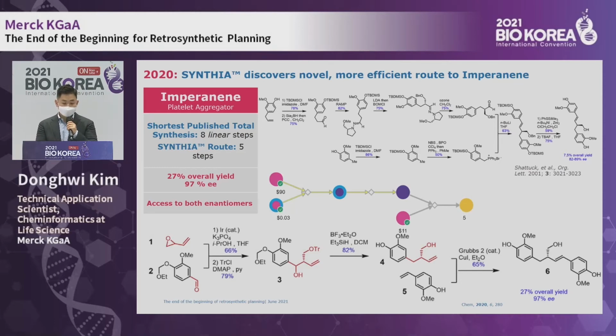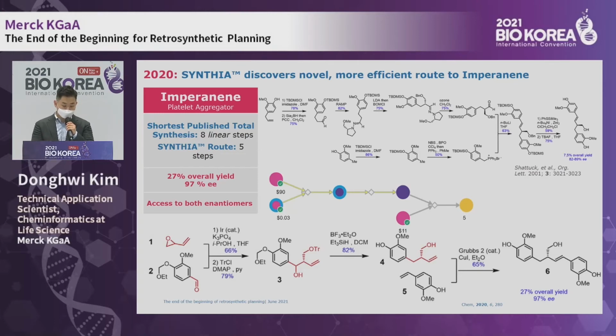However, Cynthia had proposed a previously unreported pathway that included the new tactical combination of strategies that had been discovered by computer. Cynthia's pathway was fully validated at the bench, successfully giving S-imperanine with 27% overall yield and 97% enantiomeric excess.